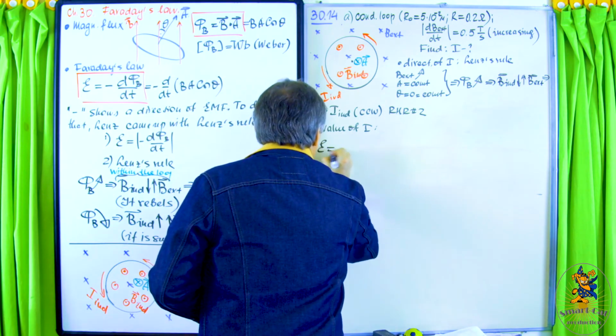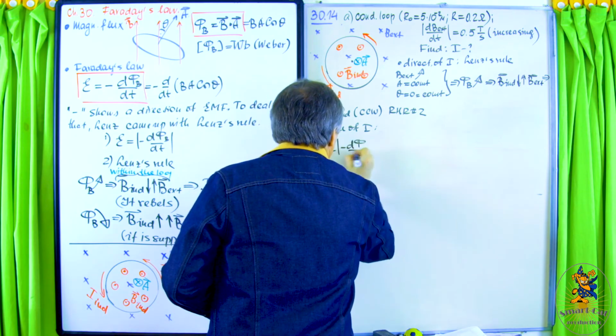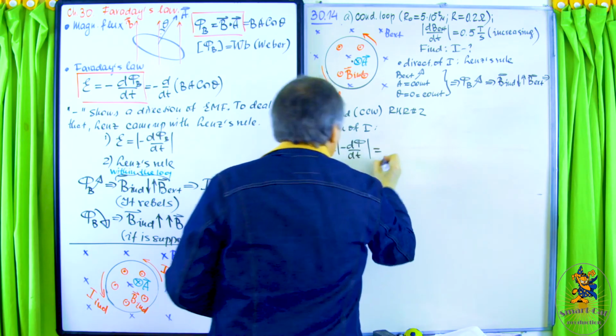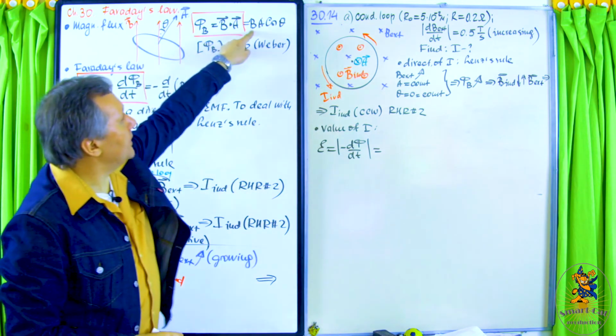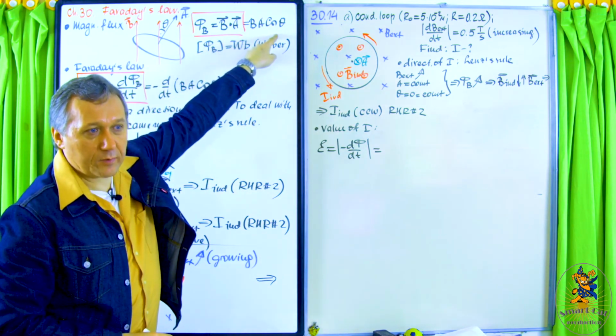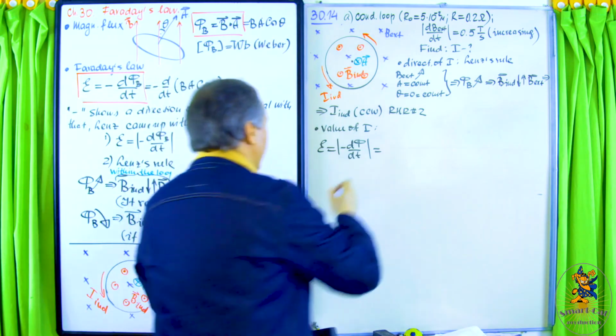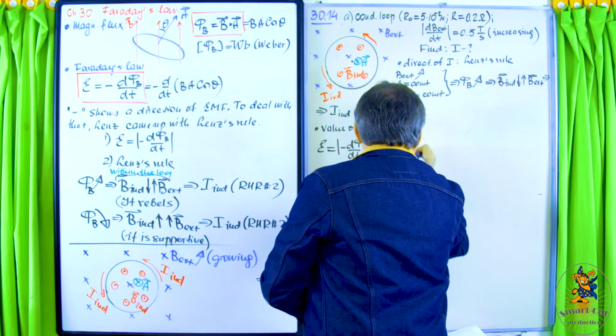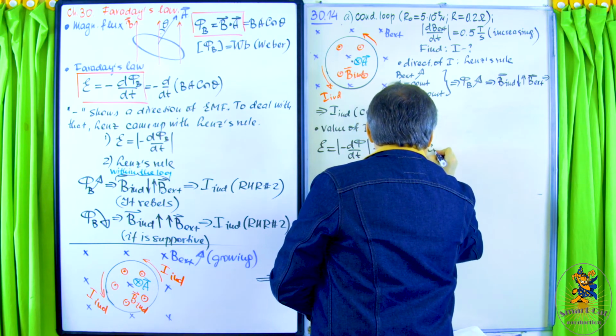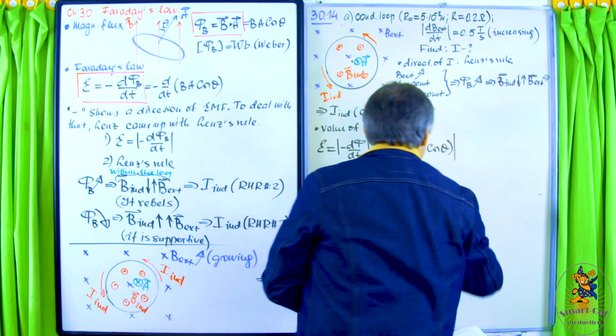So EMF equals the absolute value of d phi over dt. The minus I will drop. Flux is B A cosine theta. Let me write that explicitly over here. So it will be the absolute value of d over dt of B A and the cosine of the angle between them.